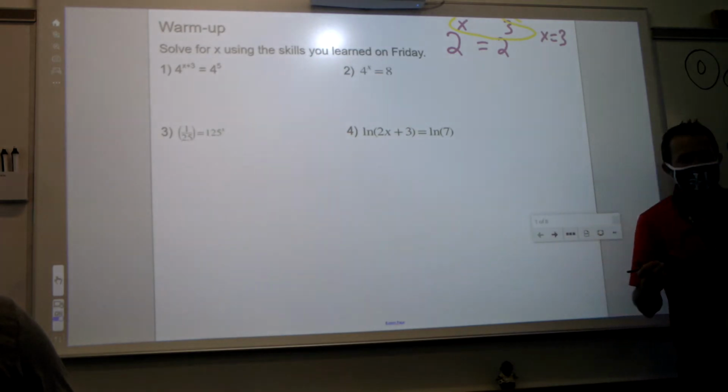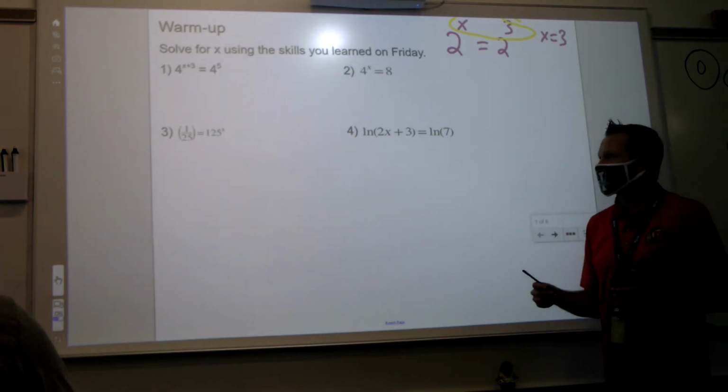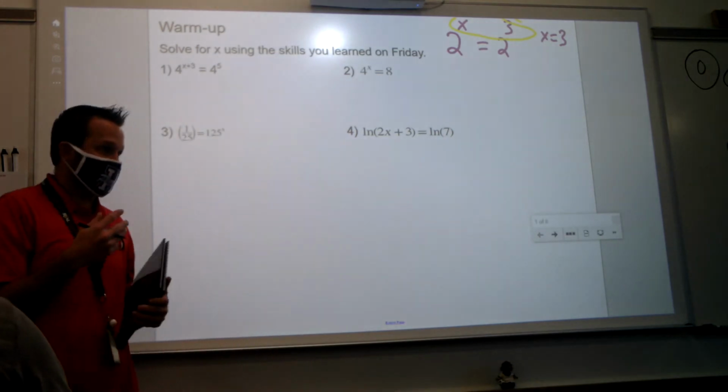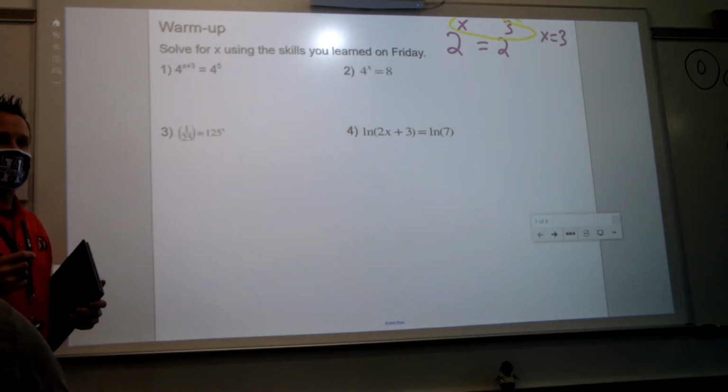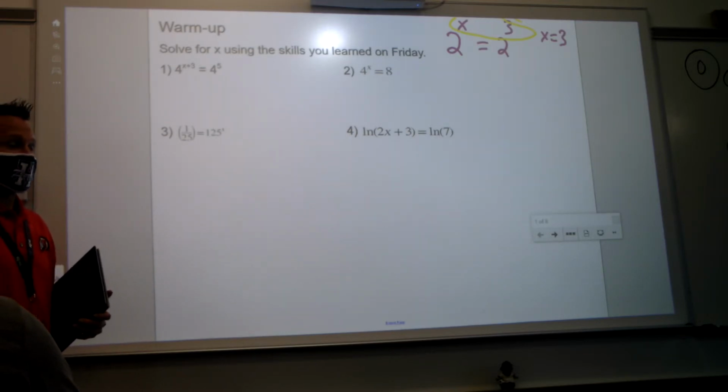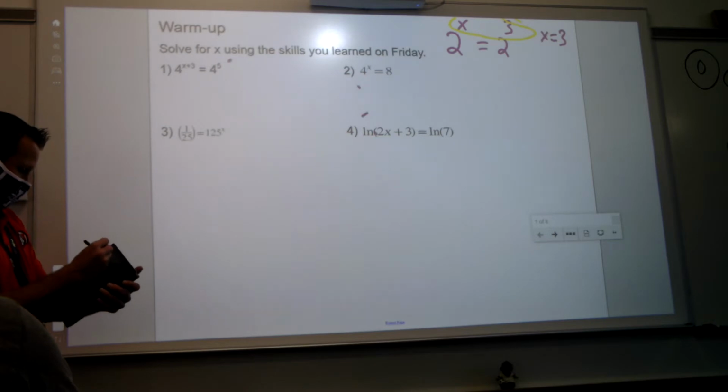So I'm just going to come in here and put a note, x is 3. That's easy, right? Okay, well let's do number 1. I have 4 to the x plus 3 equals 4 to the 5th. Are the bases the same? So what do you do with the exponents? You set them equal to each other, think. So I'm going to put x plus 3 is equal to 5.